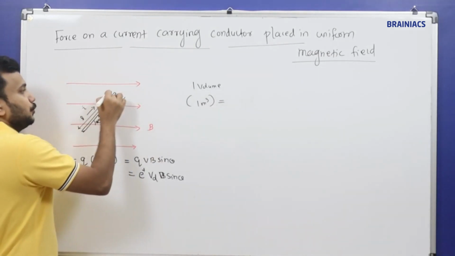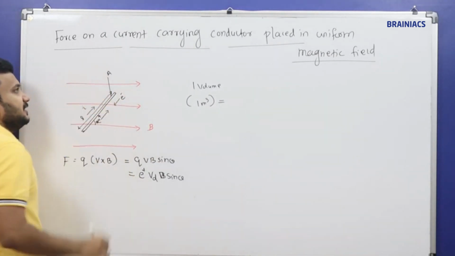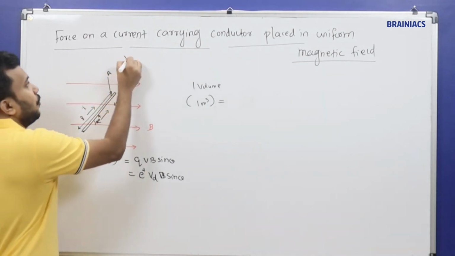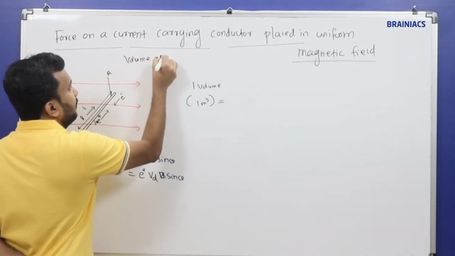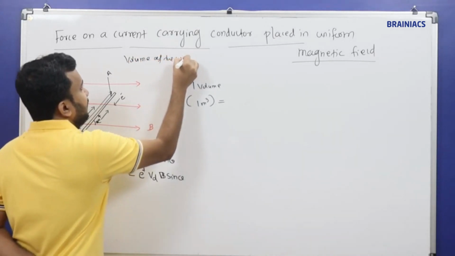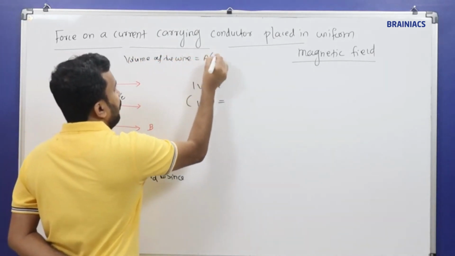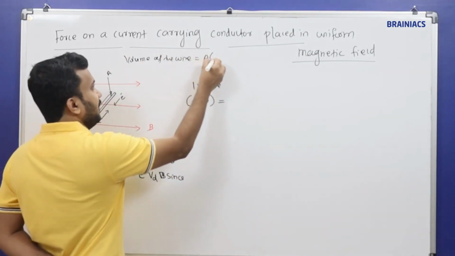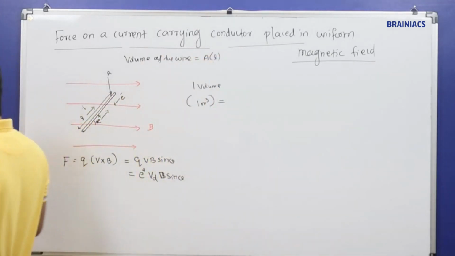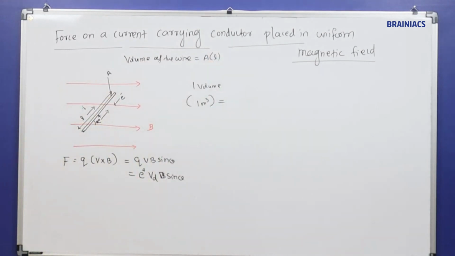Its length is L and cross section area is A. So what is the volume of the wire? Volume of the wire is equal to area of cross section into its length, A into L, the total volume of the wire.